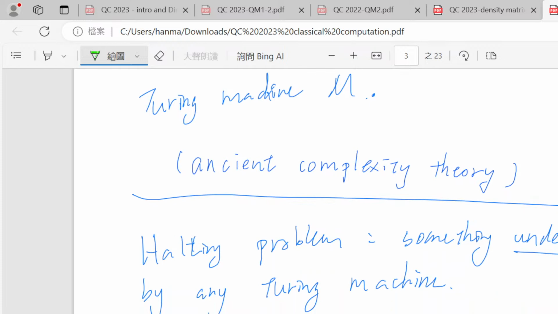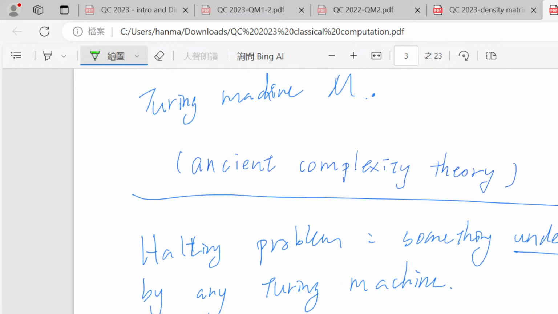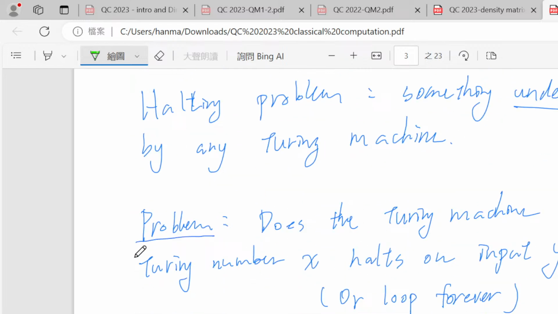Okay. So the problem has some answer, 0 or 1. It's actually a 0-1 problem. So decidable by a Turing machine means when the answer is 0, it will output 0 and stop. And when the answer is 1, it will output 1 and stop. Okay. But actually there is this halting problem that's not decidable by a Turing machine.